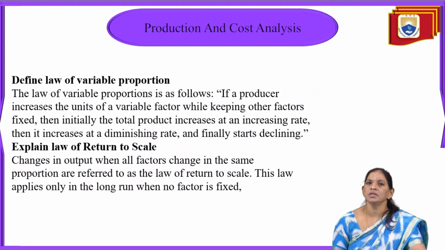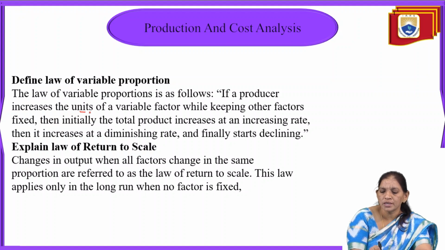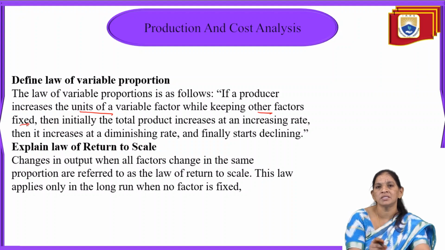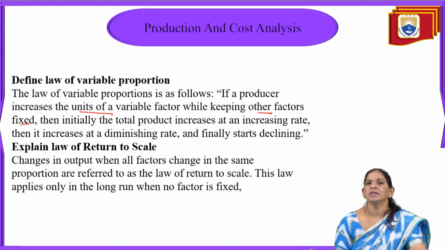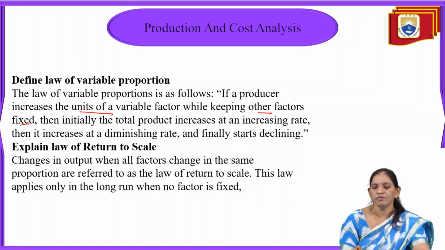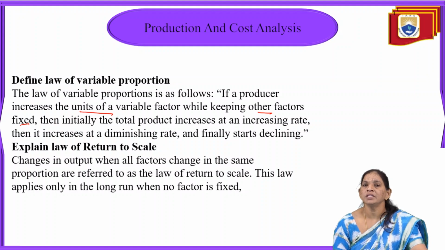If a producer increases a unit of a variable factor while keeping other factors fixed, this law states the effect. In production we have land, labor, capital and organization as inputs. With this, only one factor will be increased and all other factors will be constant or fixed.